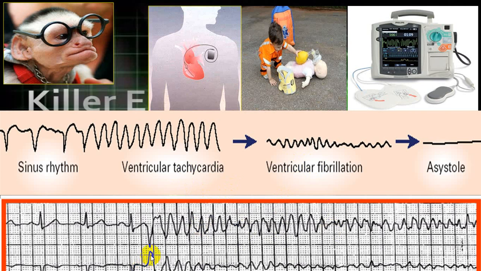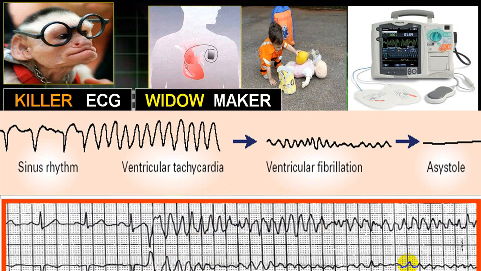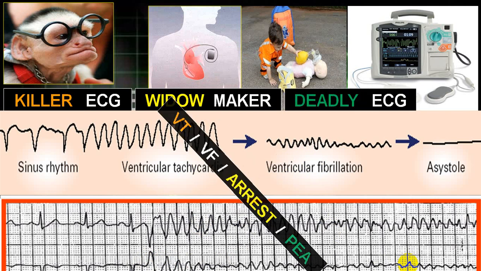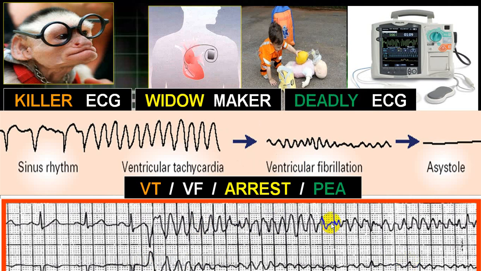Here there is R on T phenomenon and then the person goes into VT and VF, and this is highly lethal. We also label that as a killer ECG, widowmaker or deadly ECG, and those can be VT, VF, arrest, or what we call asystole and pulseless electrical activity.